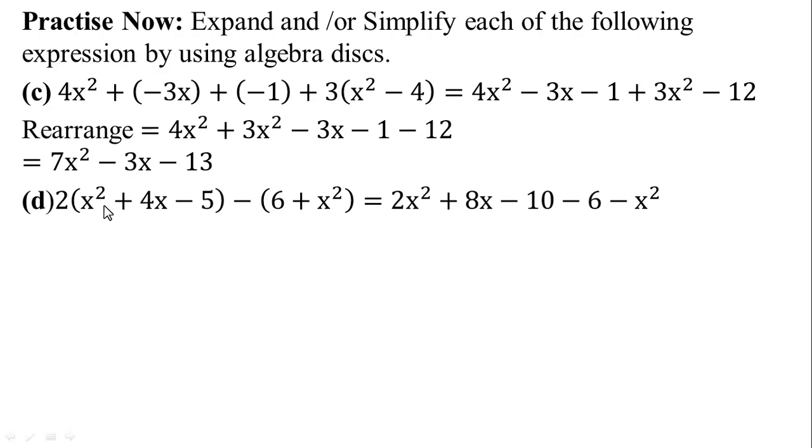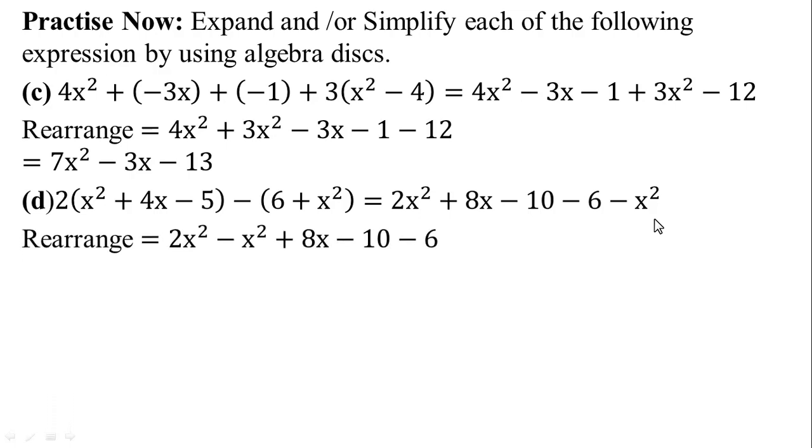Similarly, in D part, 2 into x square plus 4x minus 5 minus into 6 plus x square. First of all, 2 multiply by each term, then 2x square plus 8x minus 10. Minus multiply by each term, change the sign, so minus 6 minus x square.